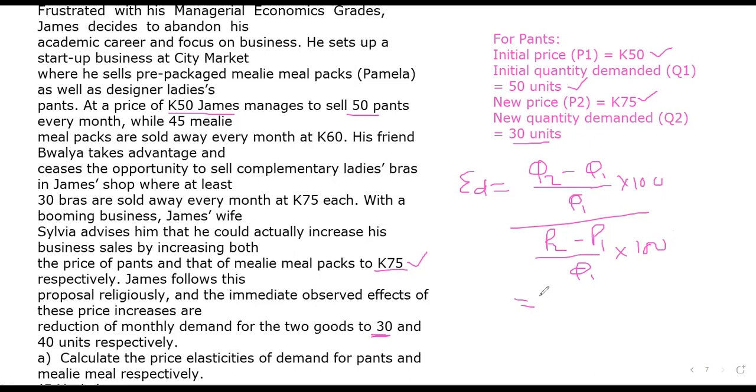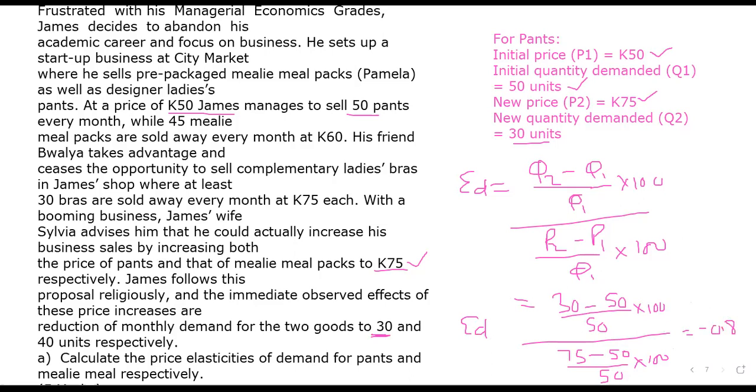What is our Q2? 30 minus, what's the first quantity? 50, over 75 minus 50. Sometimes we leave out the hundreds here because they cancel out. It's no problem. So here we get elasticity of demand to be negative 0.8.